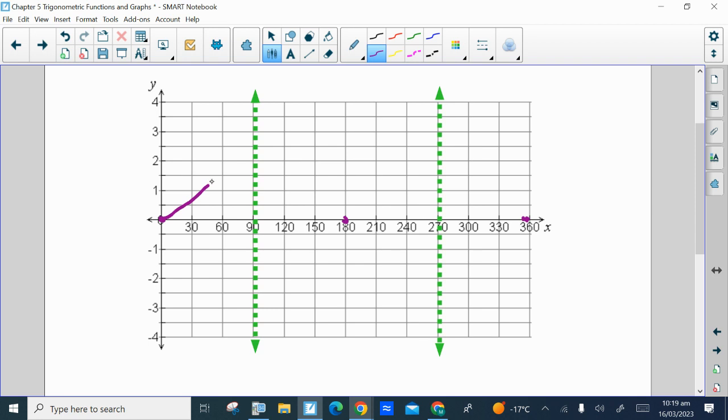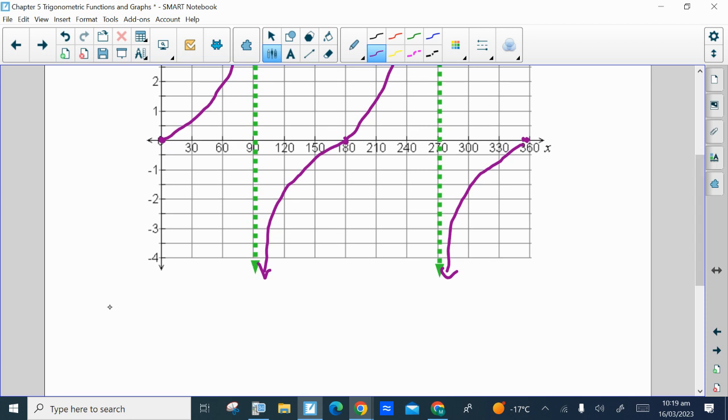So the graph will look the same. This is just going to be a sketch. So whether you're in degrees or radians, the graph will look the same.